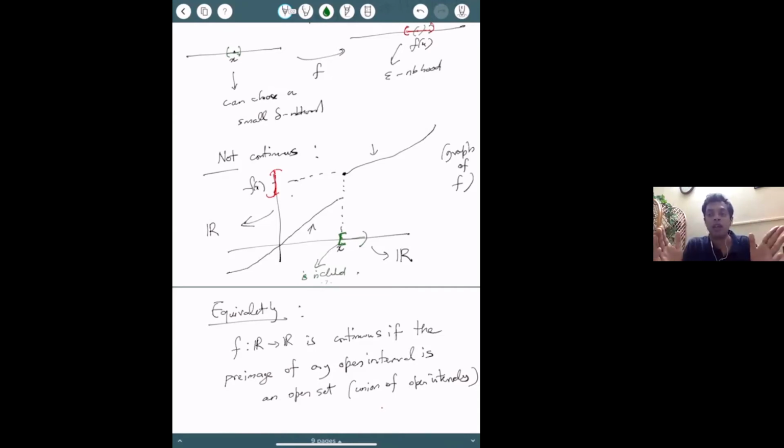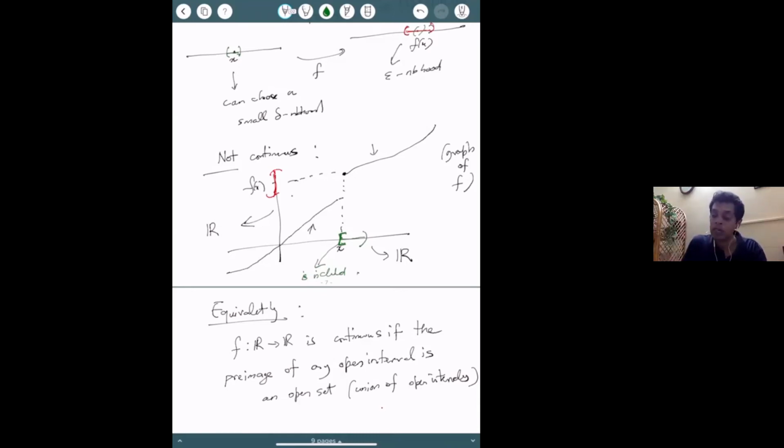You probably have seen this definition of open sets in R and R^n, if you've done a little bit of analysis. But this green interval, that is the pre-image, is not an open interval. It's open on one end and closed on the other, right? It includes that point x.